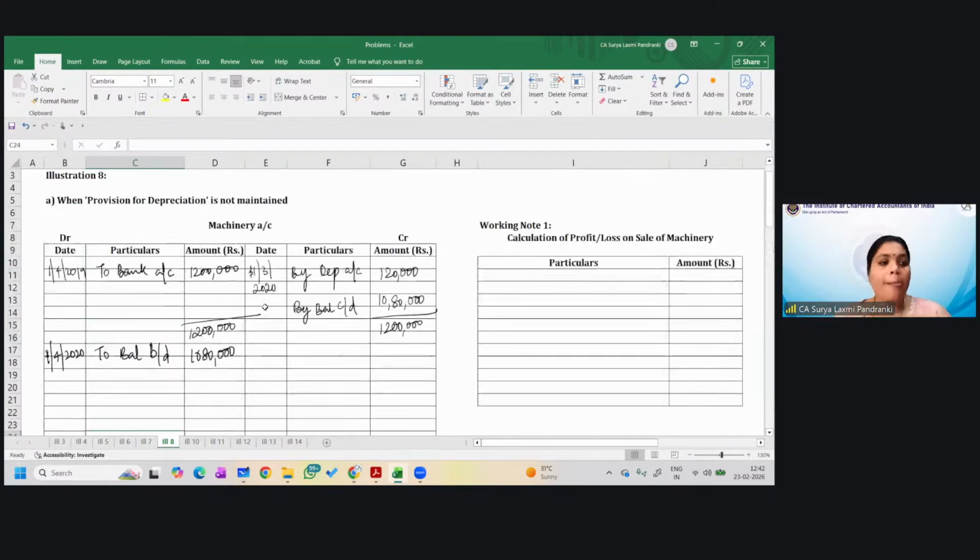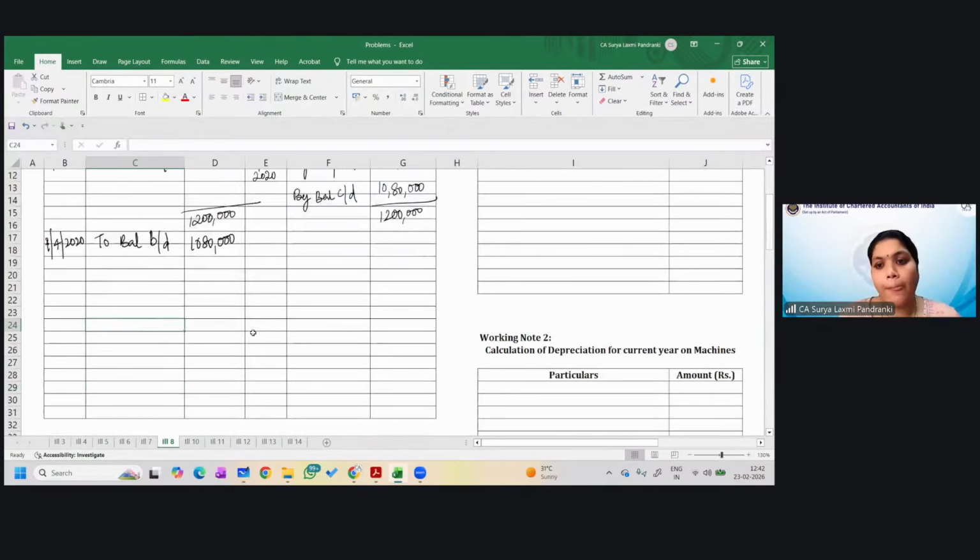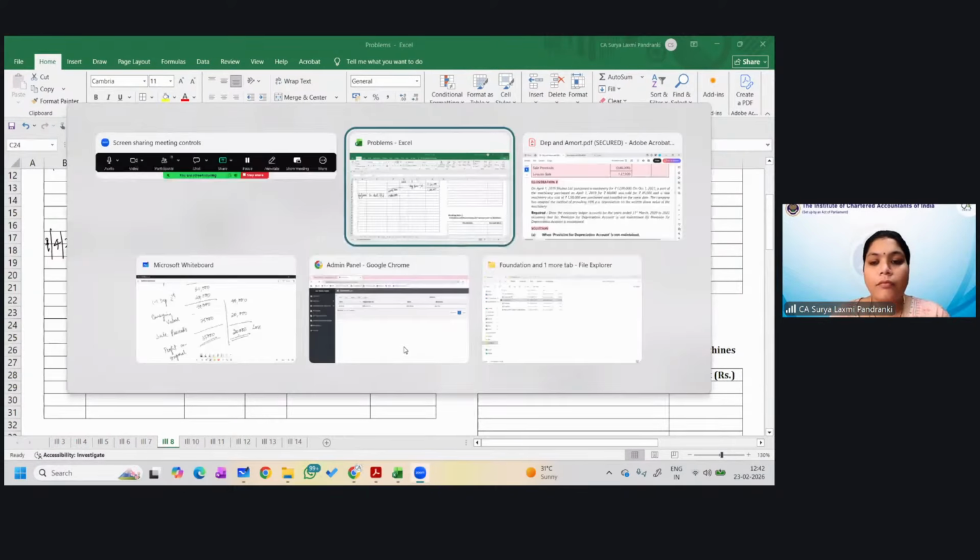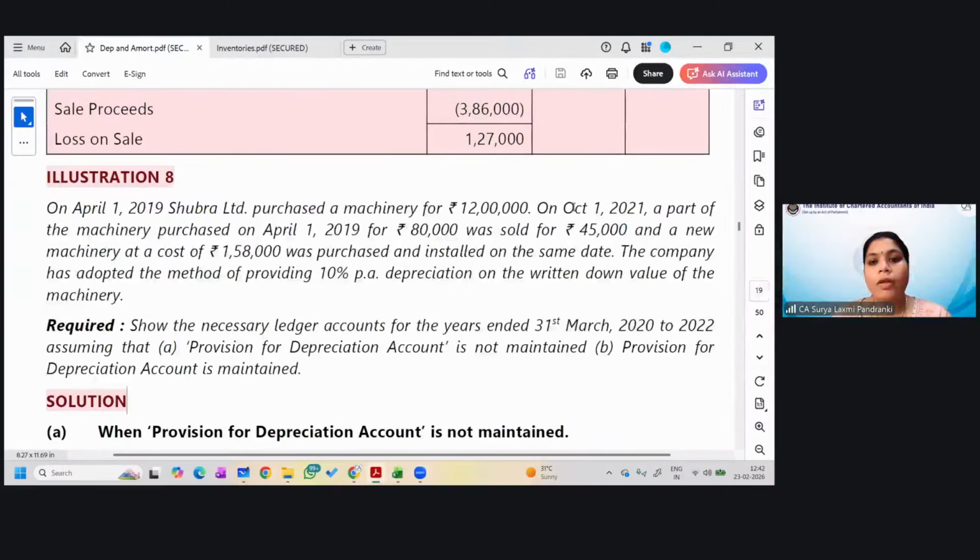Now the next one. When was this sold? When was that part machine sold? It was sold in the year 2021. So next year also, no worries. You can calculate the depreciation as it is, right?